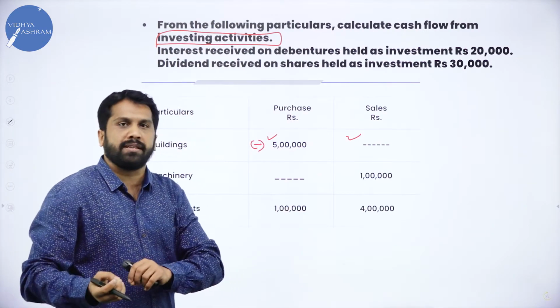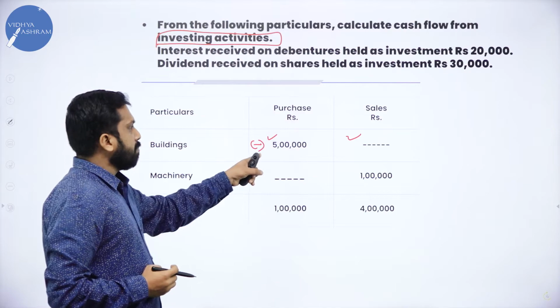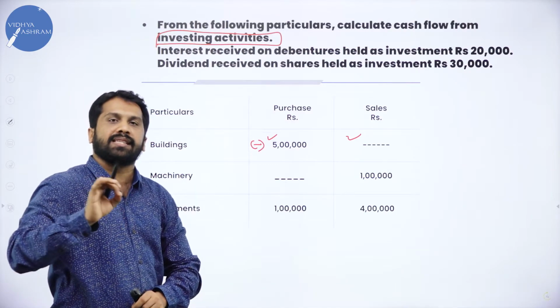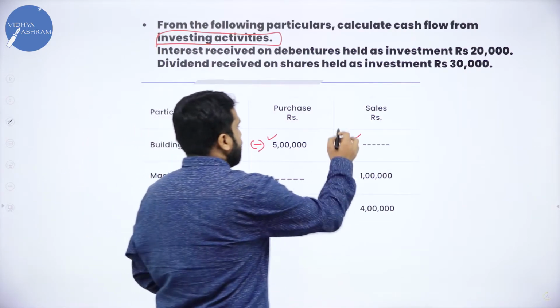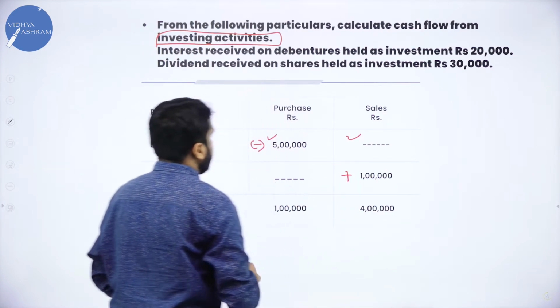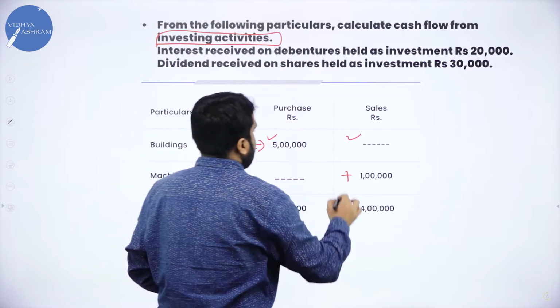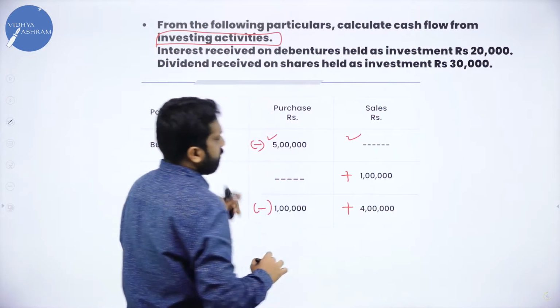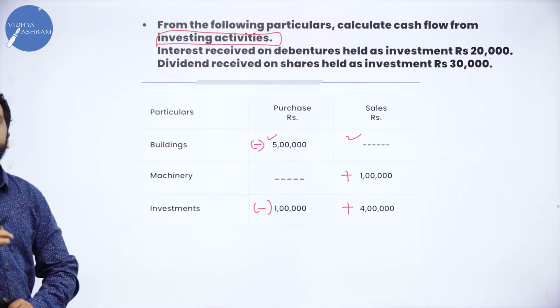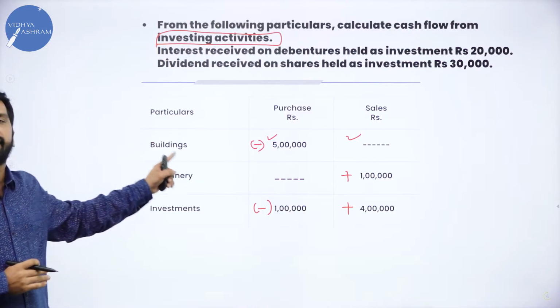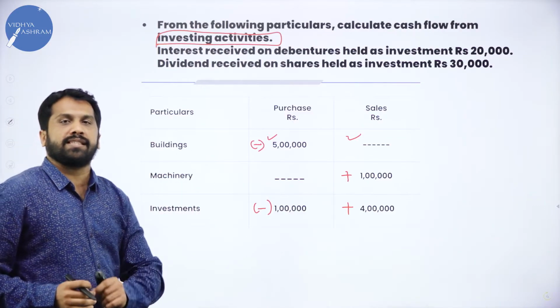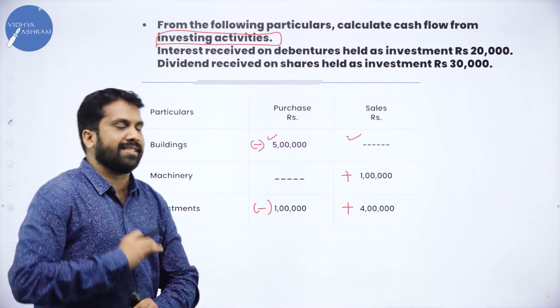If you pay money, you can purchase. Minus. Purchase minus, sales add, sales plus. Easy. Compared to your operating activity, investing and financing activity are very easy.